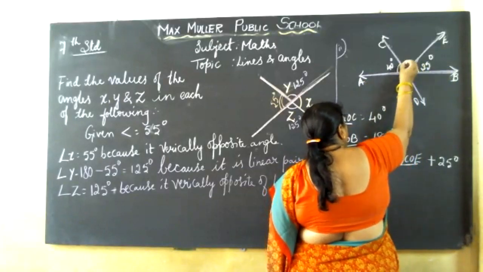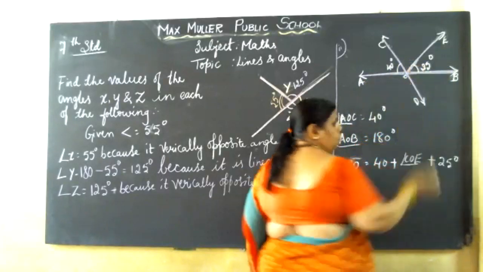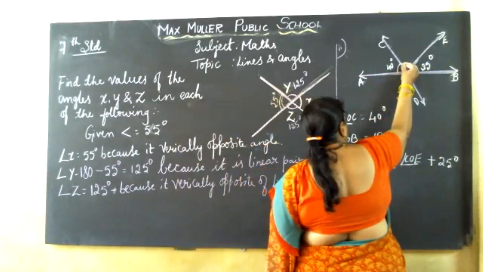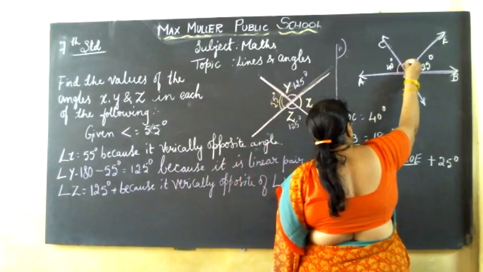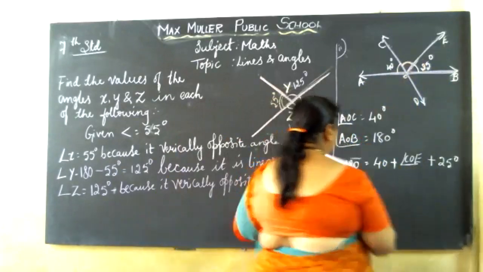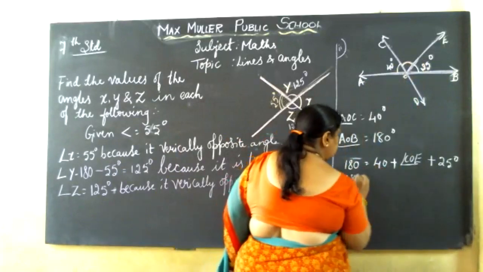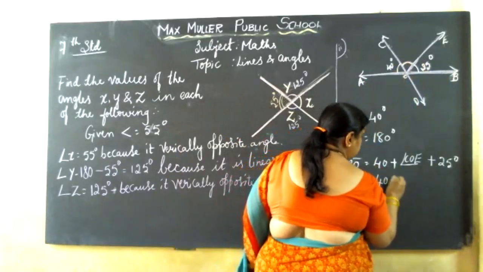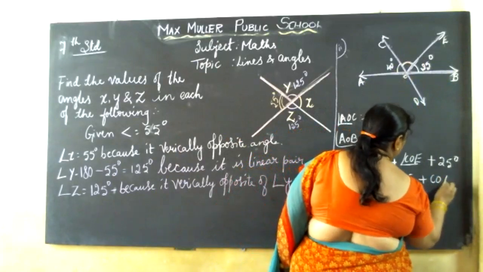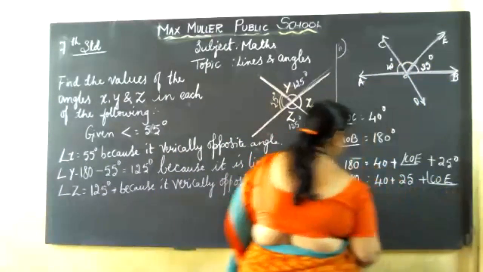We have to find out this angle. Okay? Now we have to find out this angle. Right. So what we have to do? 180 is equal to 40 plus 25 plus angle COE.